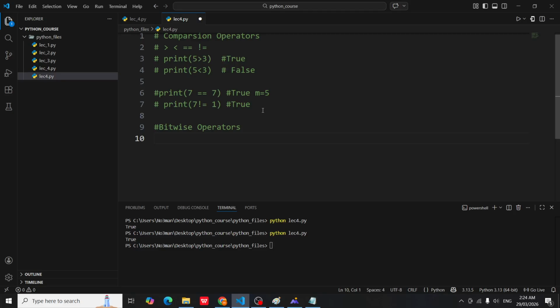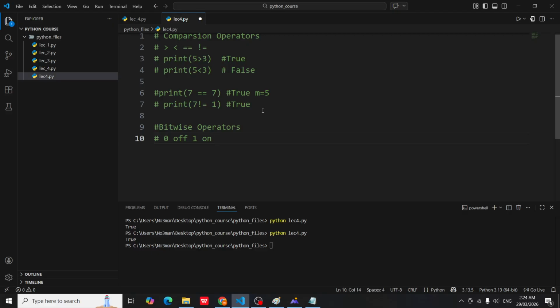Okay, let's assume that 0 and 1 are like a switch. 0 is off and 1 is on. The computer or the machine understands the language of 0 and 1. That's the binary language.